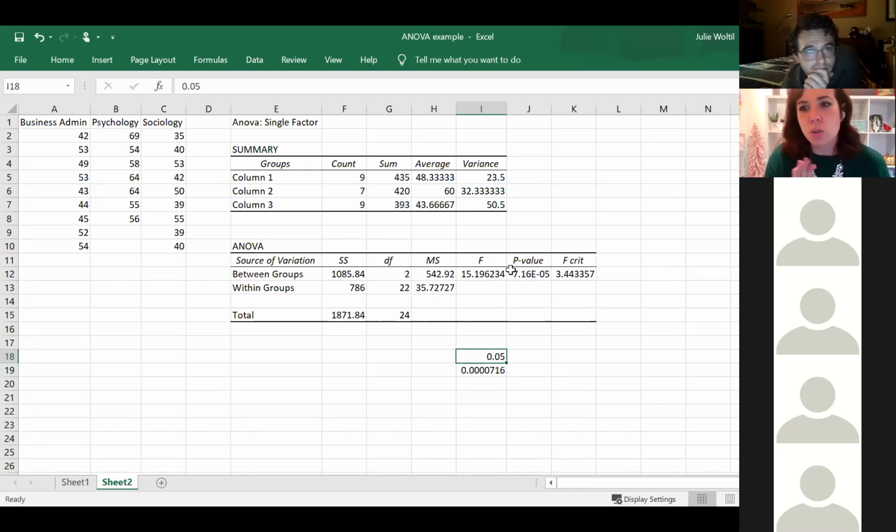We said, then we're not so sure. Then we're not so certain about the results that we get. We want 5% error or less. That's what we set it with our alpha. So when we get a p-value of 0.0000716, that's not 5% error. That's less than 0.001 error. That's very good. That means we feel very confident that we can reject the null hypothesis, that the means of salary based on degree is in fact not equal.